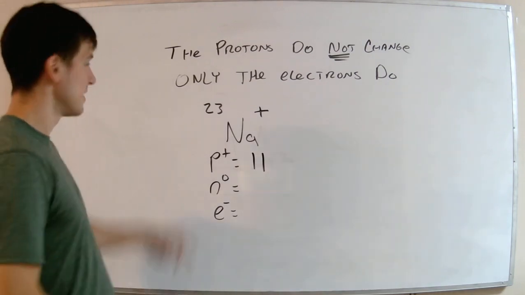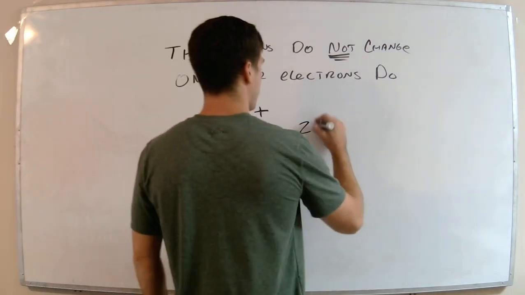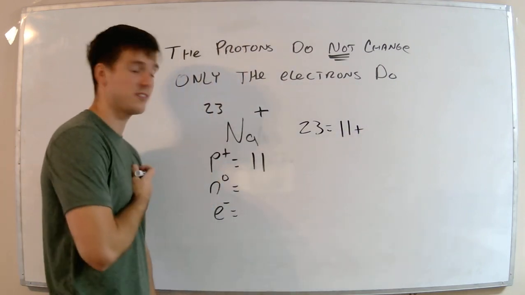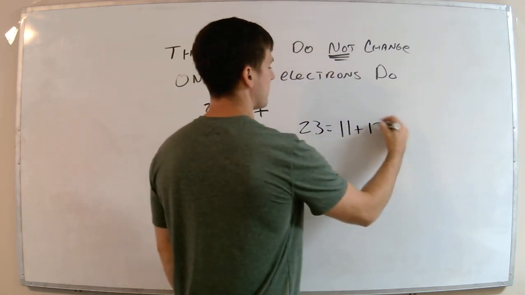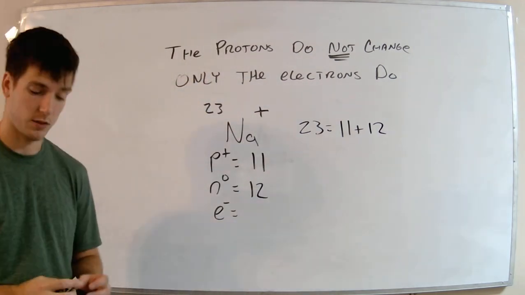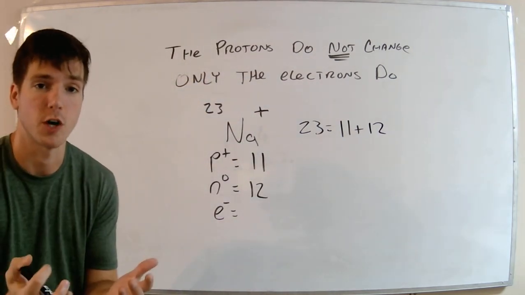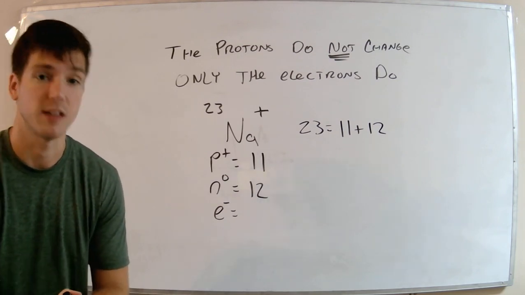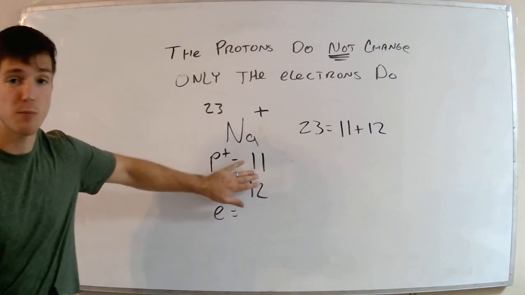Alright? Mass number is 23, right? In order to get mass number, I have to take protons plus neutrons. Well, my neutrons must be 12. Now, here I have a +1 charge, which means I have 1 more proton than electrons. I can't change the protons, right?